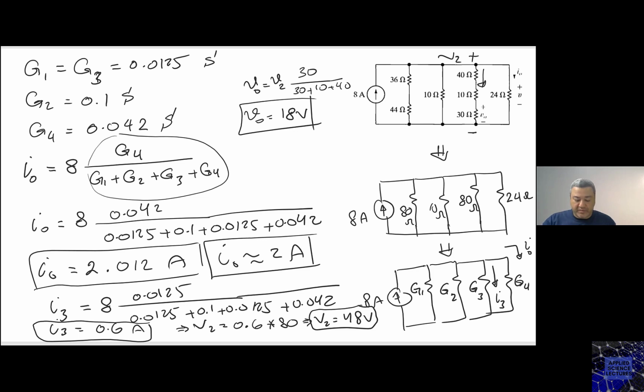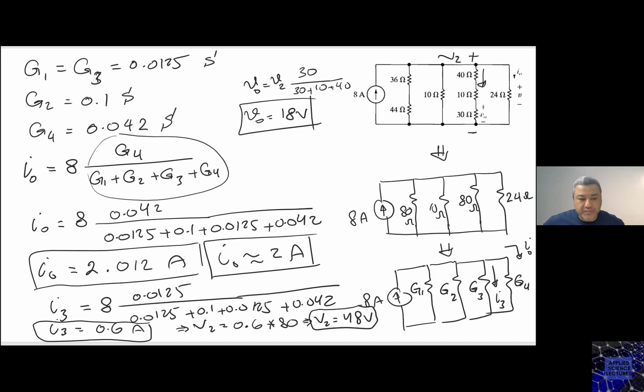Any question? Yes, this is current division. And yes, Siemens. The unit for the conductance is Siemens. Any question about this problem?